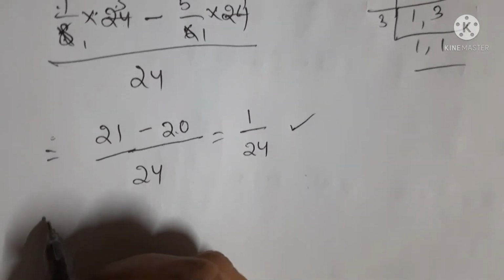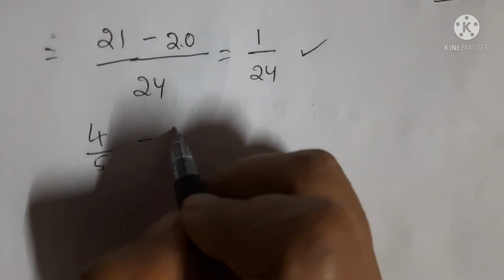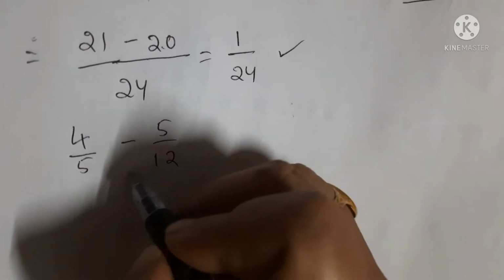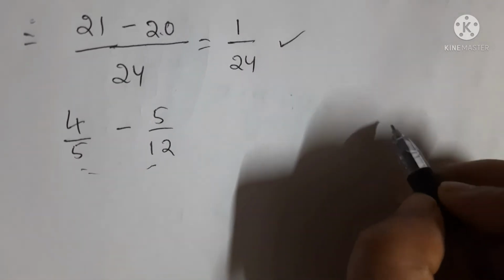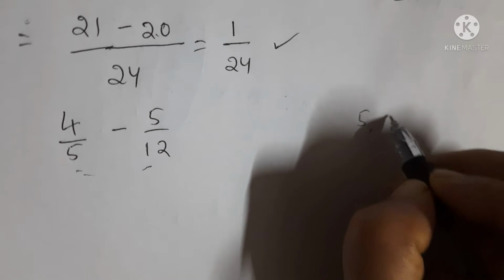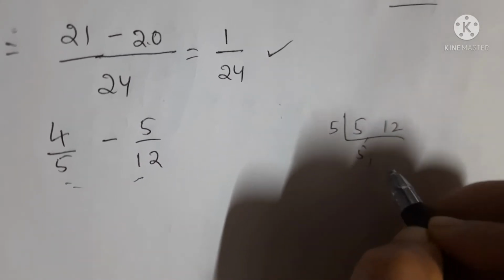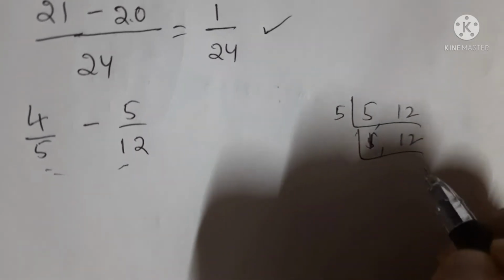Now we'll move to another example, that is 4/5 minus 5/12. Here also both are unlike fractions, so we need to take the LCM of 5 and 12. 5 1s are 5 and 12.